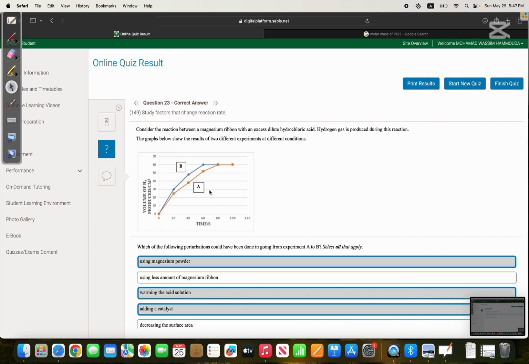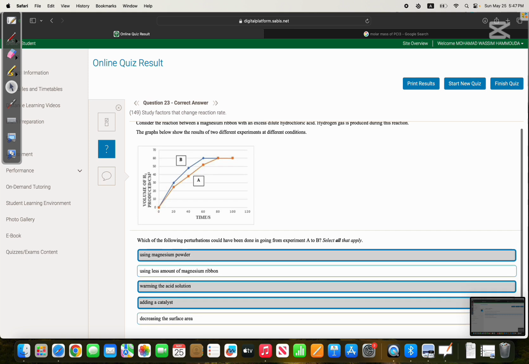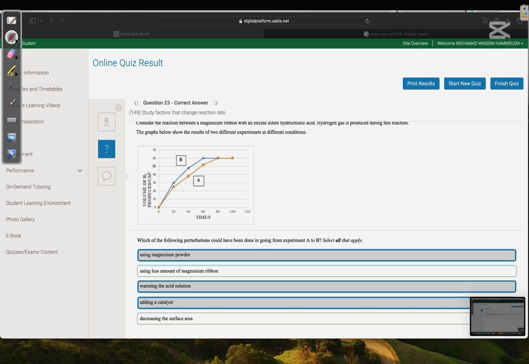Which of the following perturbations could have been done in going from experiment A to B? Look, let's say we have a bigger graph like this with more products. C would only be if there is an increase in the concentration. Using magnesium powder is basically increasing the surface area.